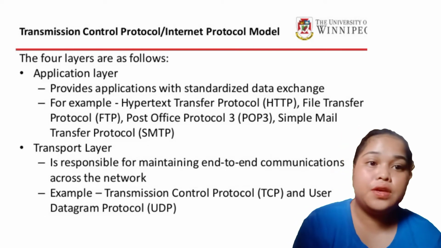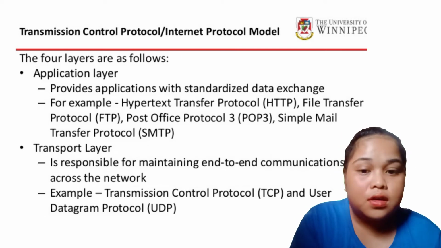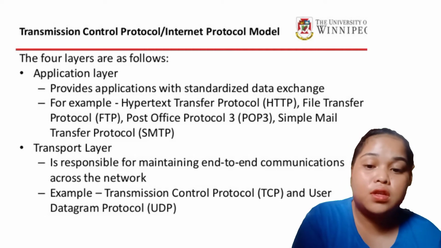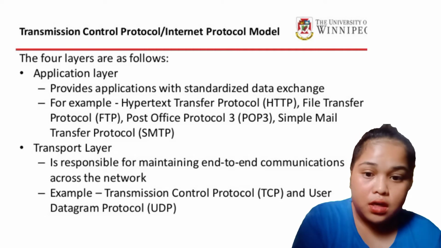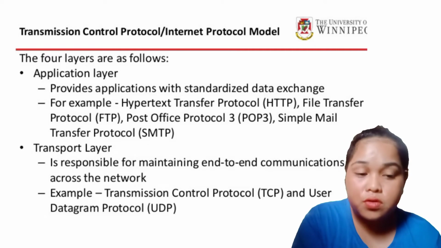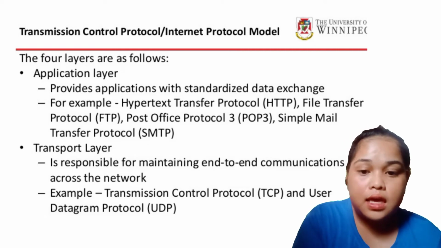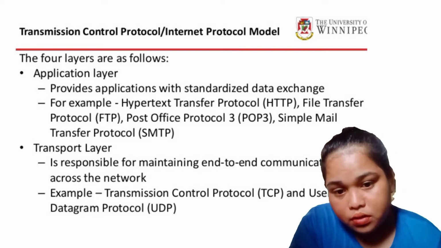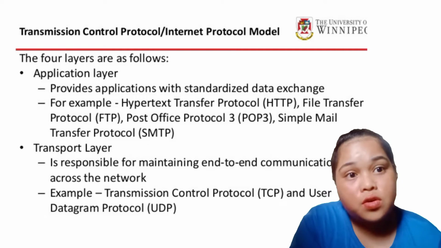Then the second layer is the transport layer. It is responsible for maintaining end-to-end communications across the network. Examples are Transmission Control Protocol or TCP and User Datagram Protocol or UDP.